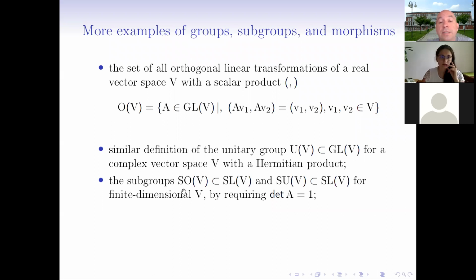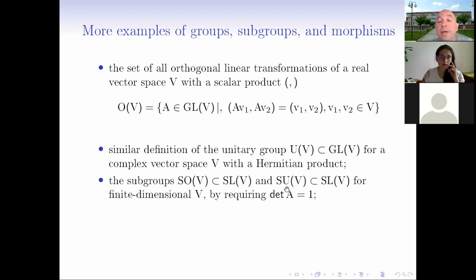Then there is a sequence of subgroups. SO(V) is a subgroup of SL(V). If you take an element of O(V), from the definition it's easy to see that the determinant can be either 1 or -1. If we specify the determinant equals 1, we obtain the special orthogonal group SO(V) inside SL(V).